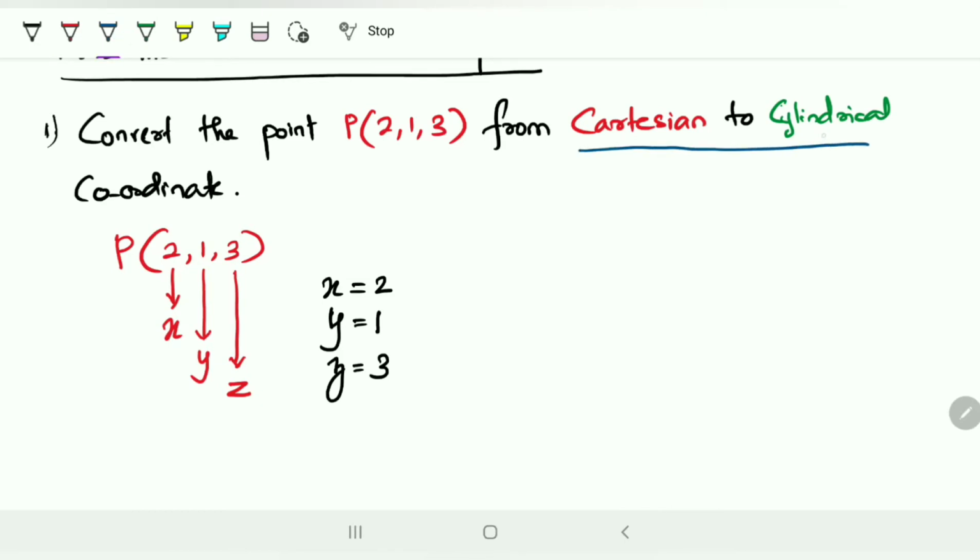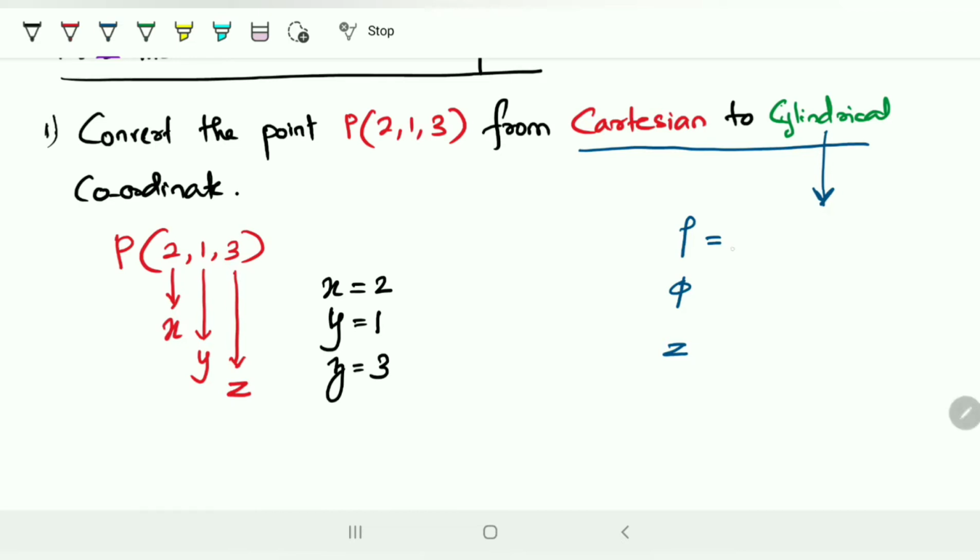So before that we should know what coordinates are present in the cylindrical coordinate system. It is very well known that we have the value rho, phi, and the last one is z, which repeats as in the Cartesian system. Let us now write the formula for rho so that it will be easy to put all the values in that formula and solve it.